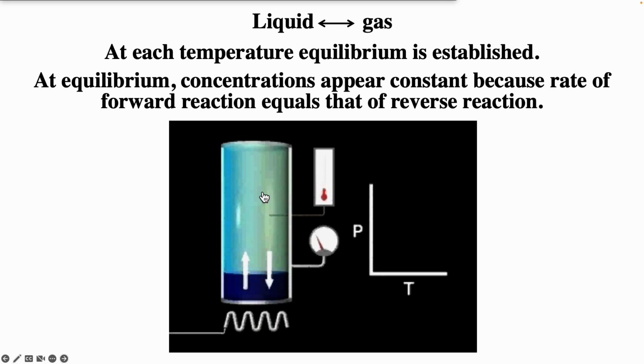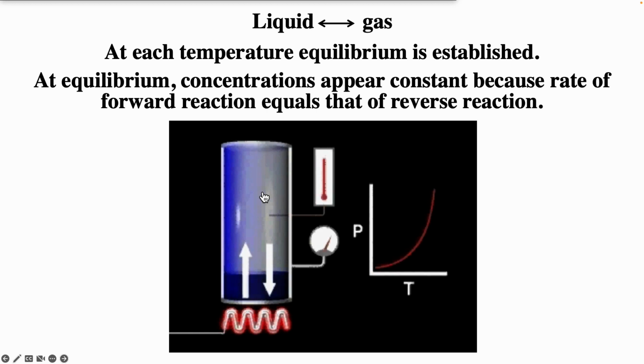The gas pressure in the cylinder represents the vapor pressure of the liquid that results from this equilibrium. As the temperature of the cylinder increases, the average kinetic energy of the molecules increases in both the liquid and gas phases. A higher average kinetic energy facilitates the escape of molecules from the liquid phase into the gas phase.